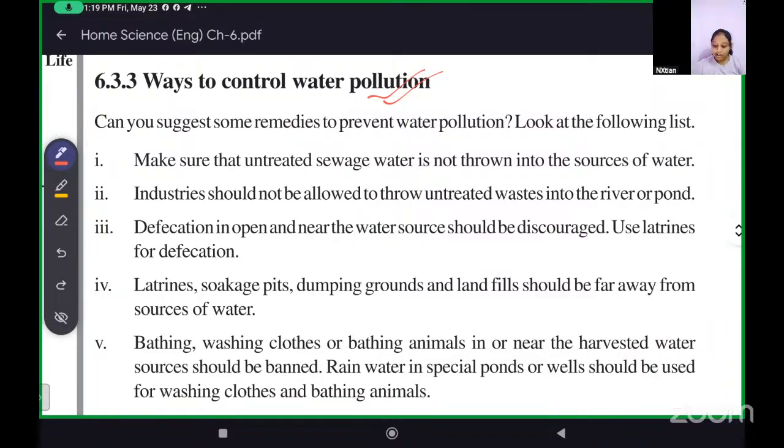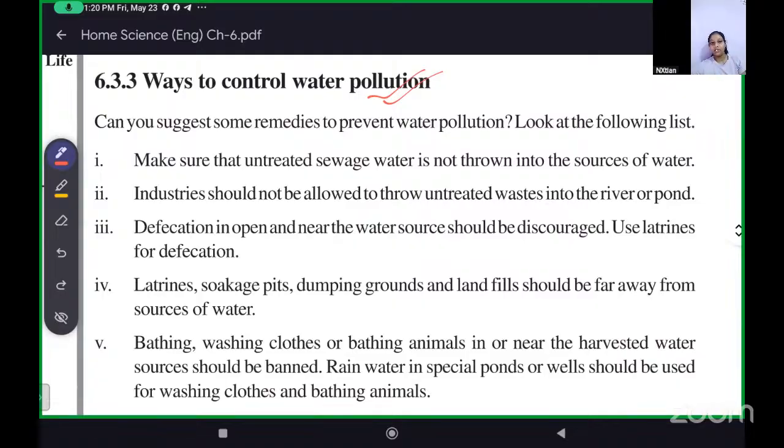Then latrine soakage pits, dumping grounds, and landfills should be far away from sources of water. Dumping grounds, soakage pits, and landfills are where people dump garbage. They should be far away from sources of water, or the microorganisms from them will go into the water and the water will get infected.